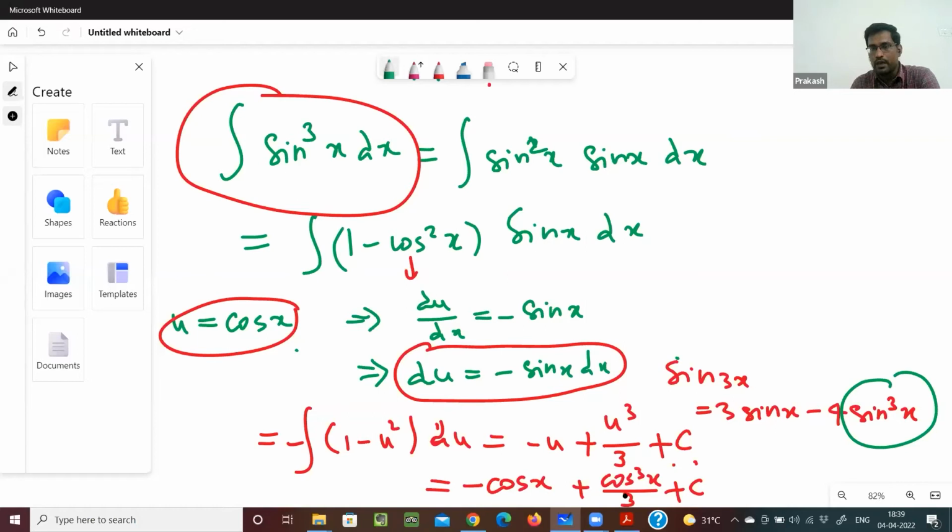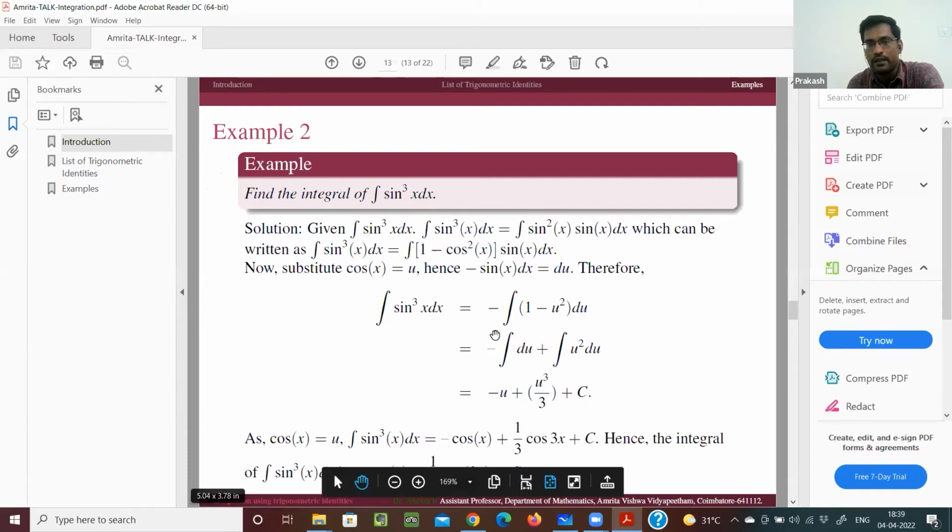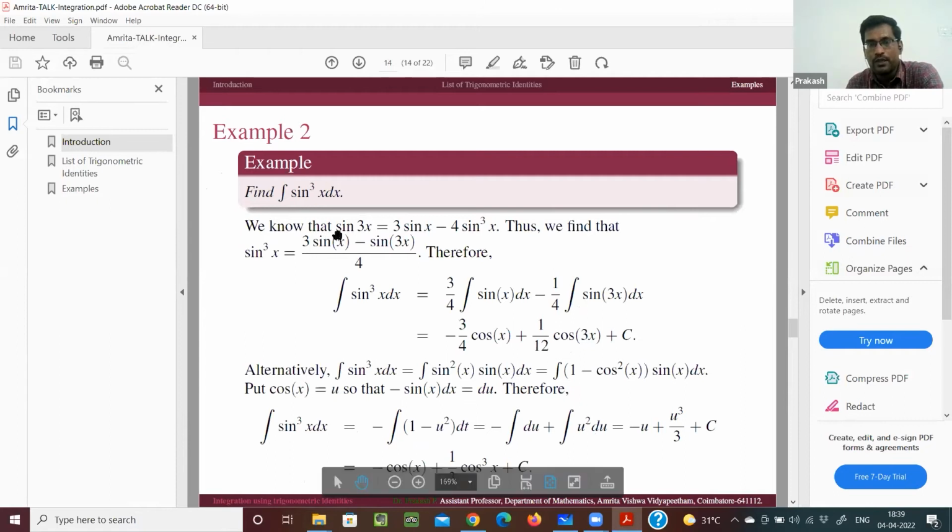So that also I have here, this is one way, already explained in this PowerPoint. Sine 3x, here we are taking u equal to cos x, and this also we know how it is coming, that I already explained. So from this we are getting this one. After that again we are substituting u equal to cos x. So then finally we are getting the same problem here. You see, I am just using the sine 3x identity. This is a well-known identity.